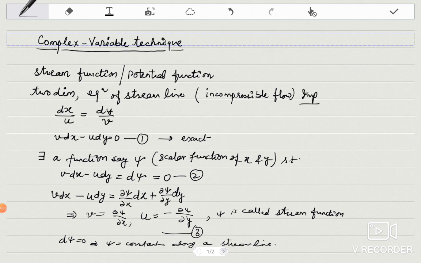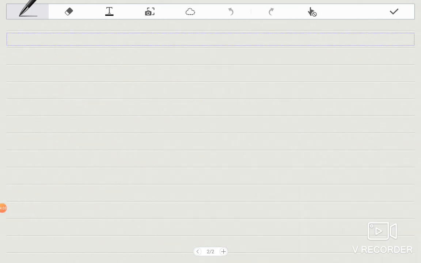Now, if you have an incompressible flow, then the equation of continuity is delta u delta x plus delta v delta y is equal to 0.